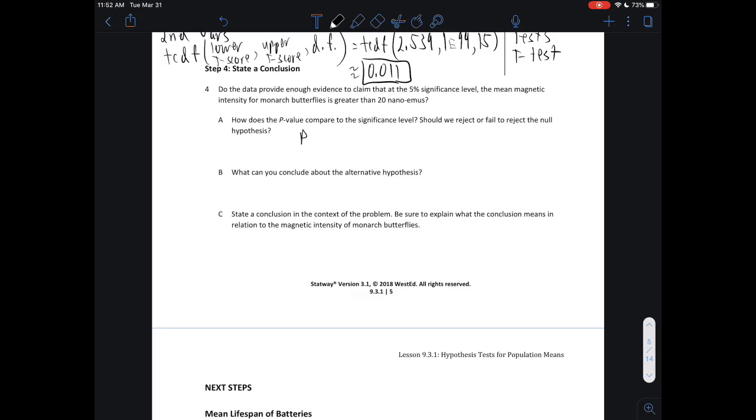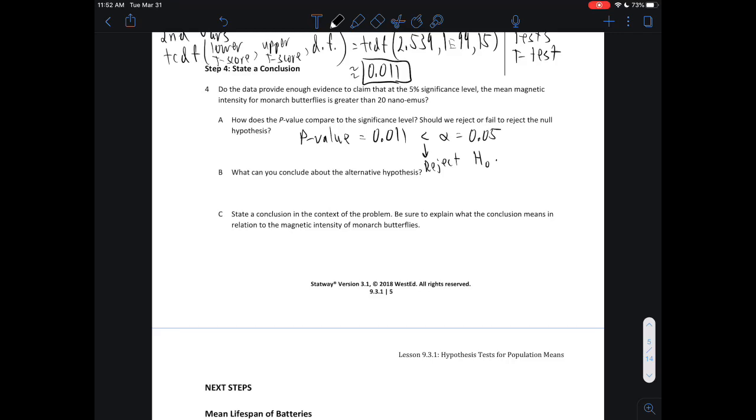So our p-value is 0.011, which is less than our significance level alpha, which if it's 5%, that's 0.05. So because our p-value is less than alpha, that's telling us to reject the null hypothesis.